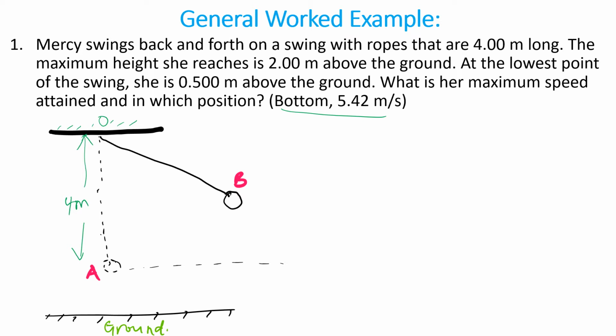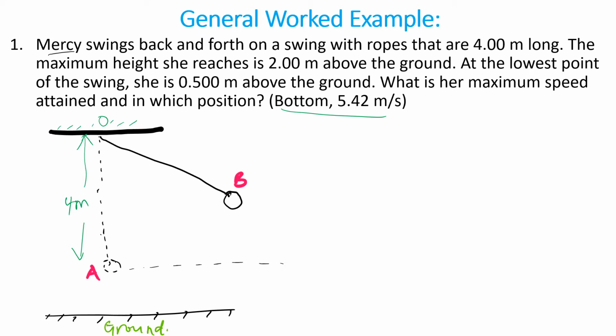So if Massey is given a velocity at point A and starts to swing, there will be a point B where Massey has reached a maximum height and momentarily comes to rest. So at point B, because she momentarily comes to rest, she does not have any kinetic energy.